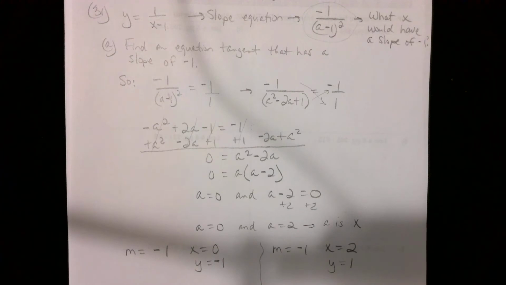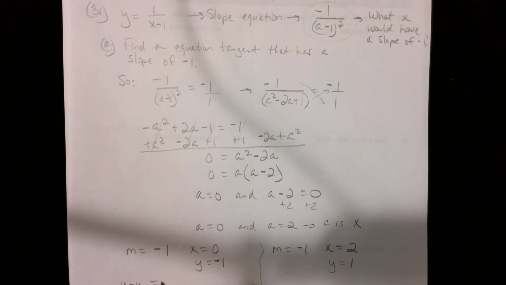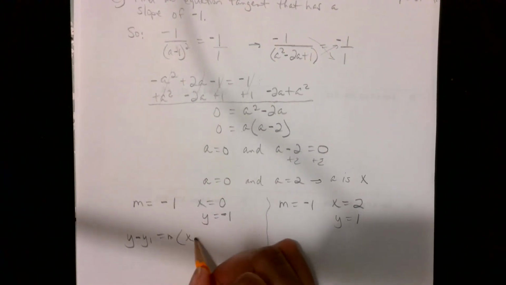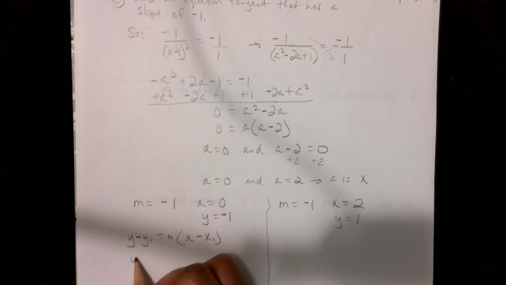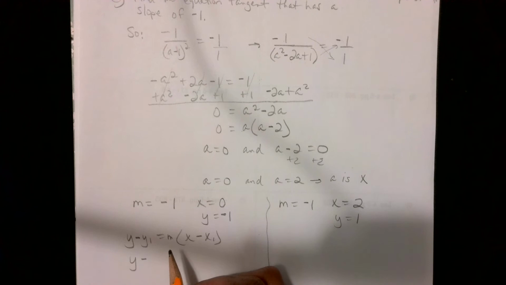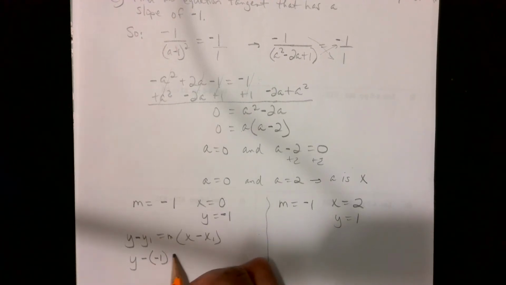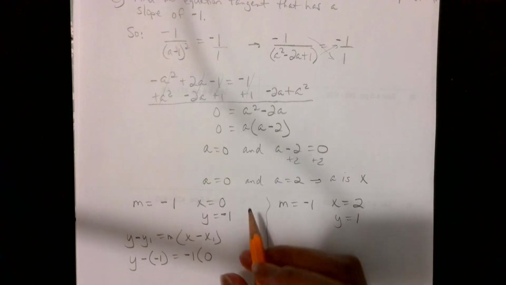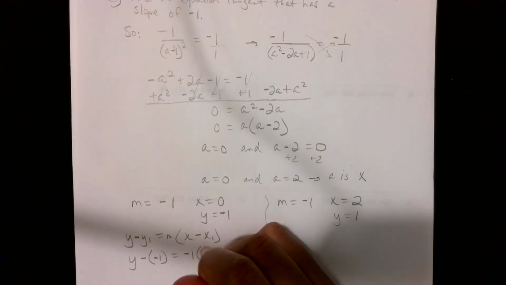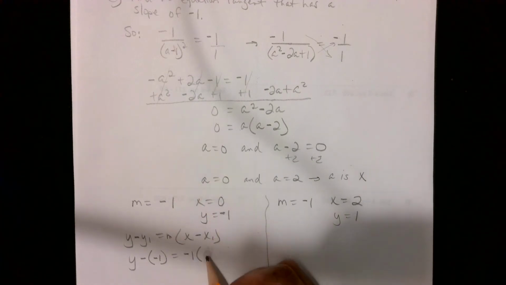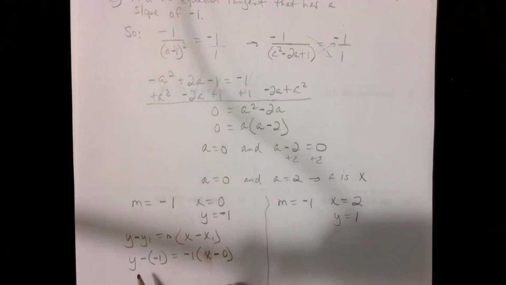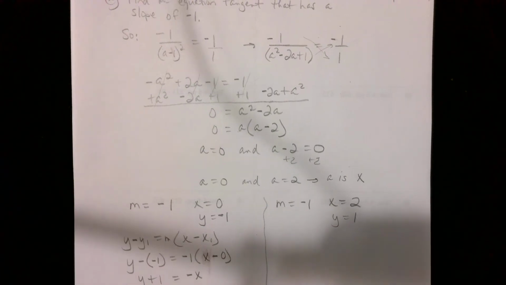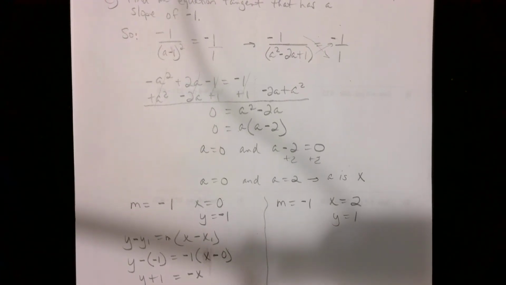So now we got everything we need. So we got our slope, we got our x and our y. We can write and subtract 1, so y equals negative x minus 1.